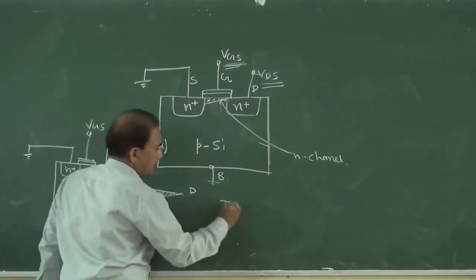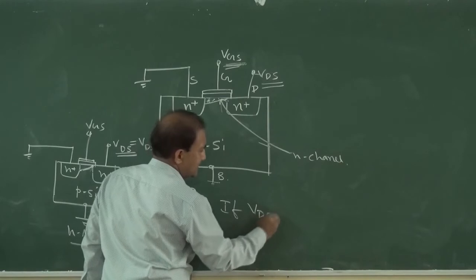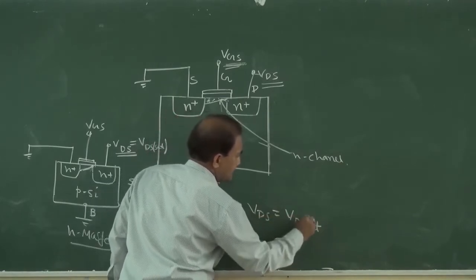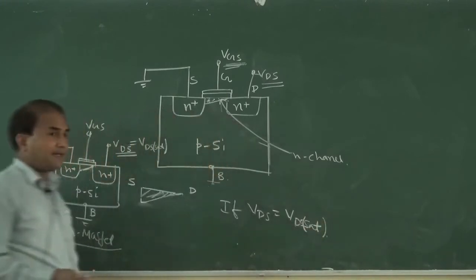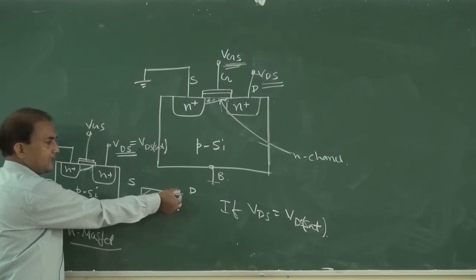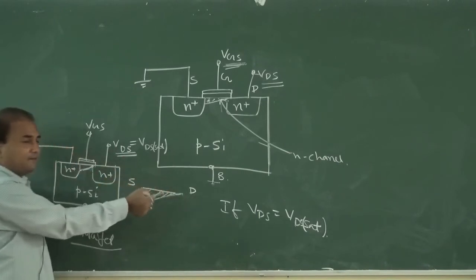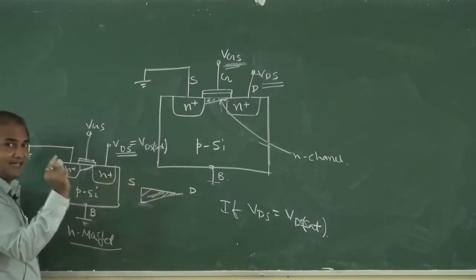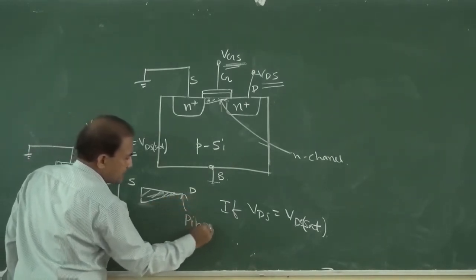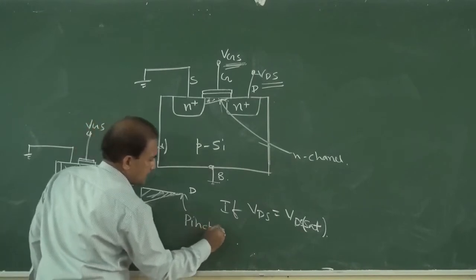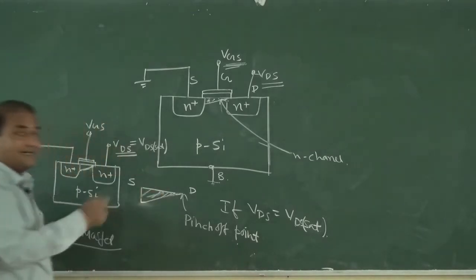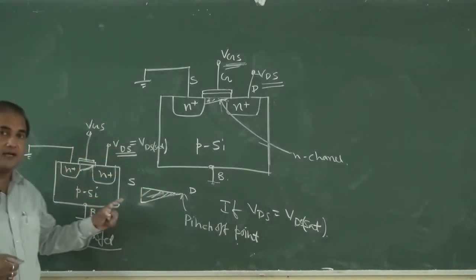Okay, so if VDS is equal to VDS saturation, then what will happen? The channel depth towards the drain region vanishes, and this is known as pinch off point. And this condition is known as pinch off condition.